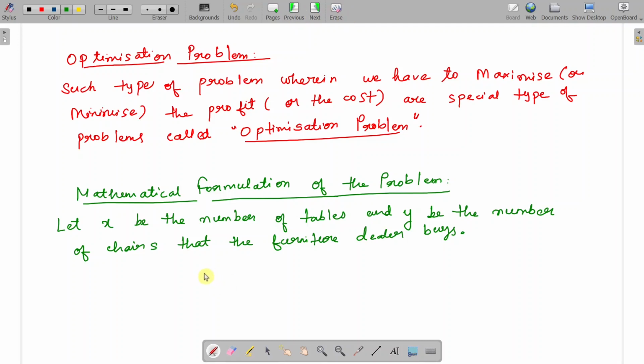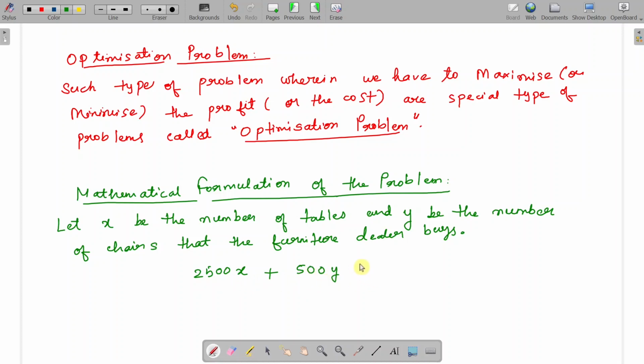Okay, so since x is the number of tables, the cost of x tables will be 2,500x plus 500y for y chairs.